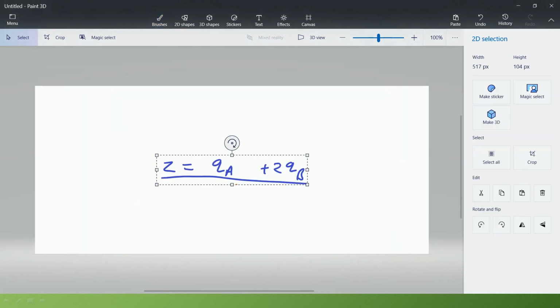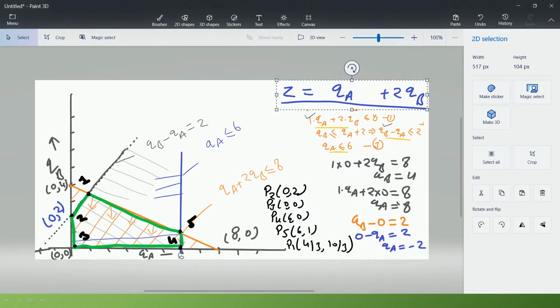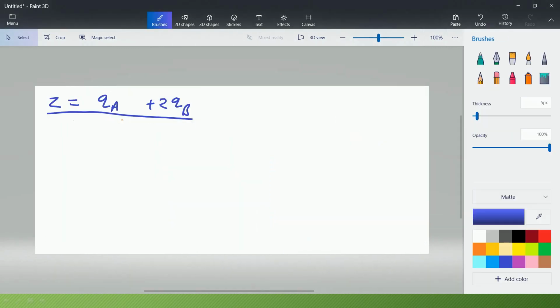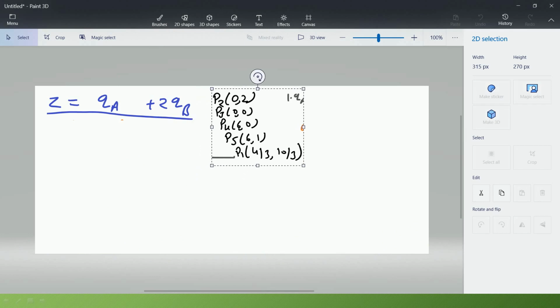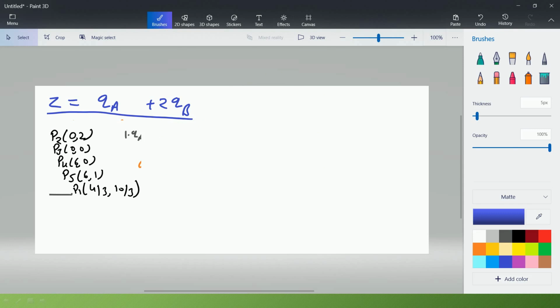I will paste it here. I will copy these 5 points and paste them here.